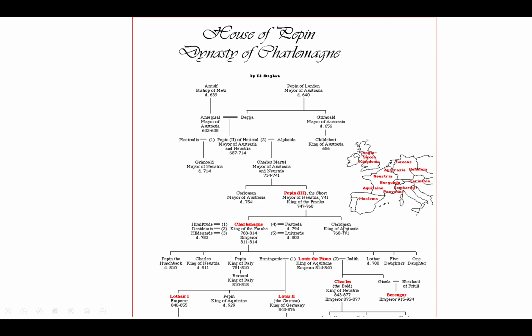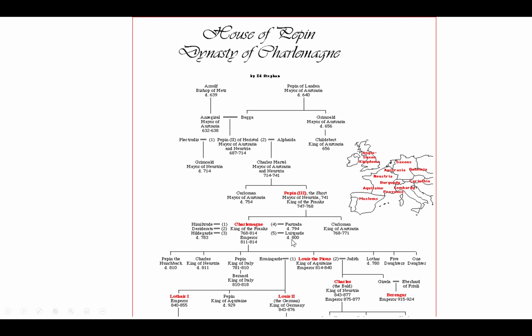Charlemagne also had a brother, Carloman. Pepin the Short divided the empire for his two sons, but eventually Carloman died very quickly. So he was king of his share of the kingdom only for 3 years, and then Charlemagne took over all the Frankish kingdom.